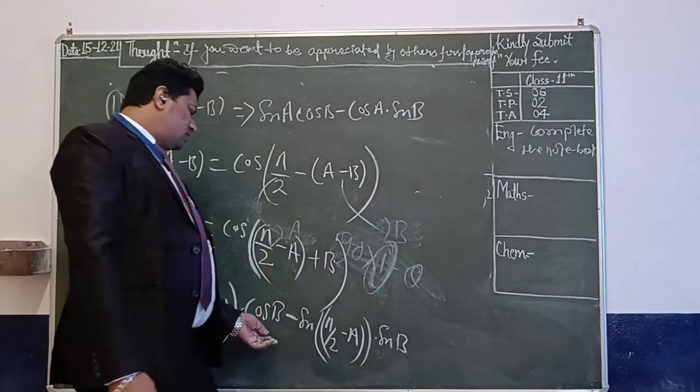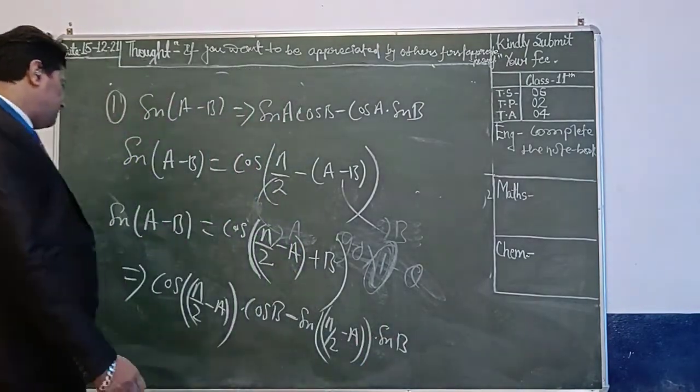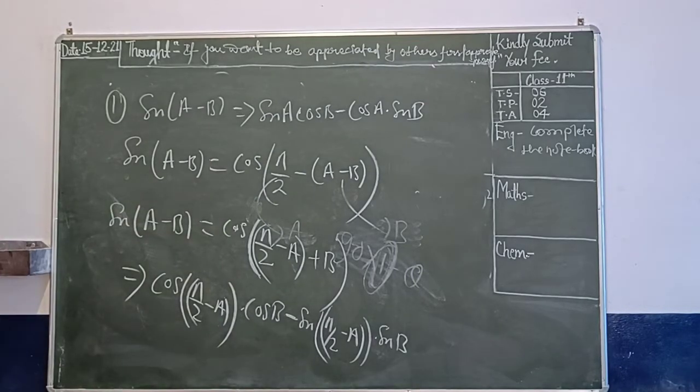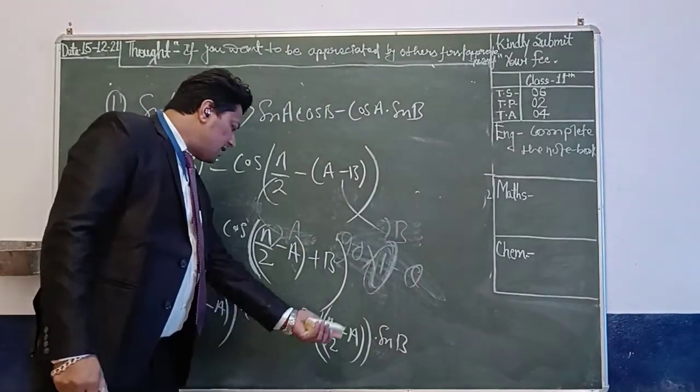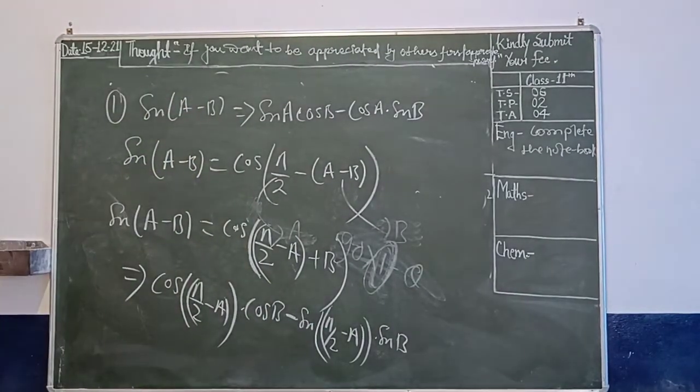Cos A into cos B minus sin A into sin B. Clear?